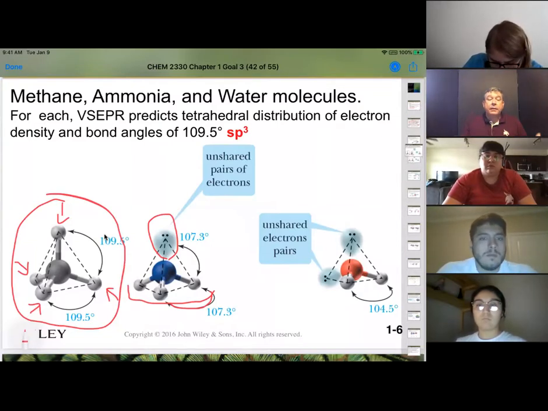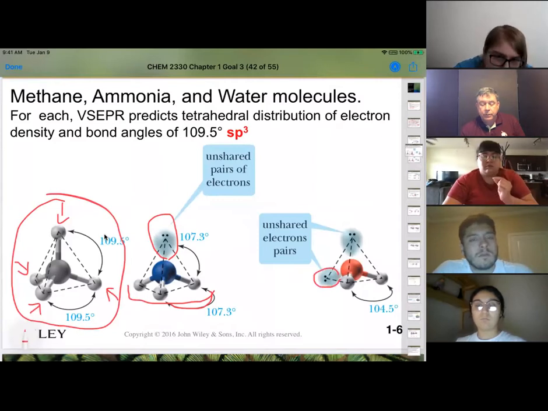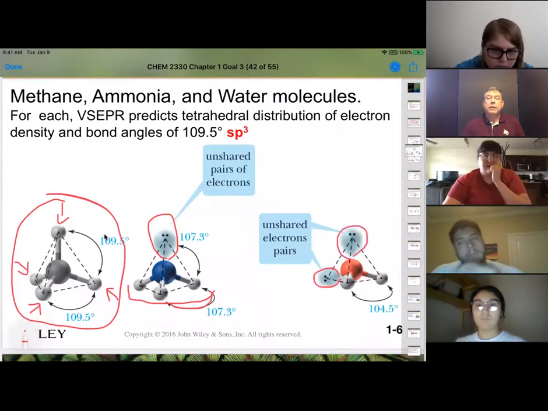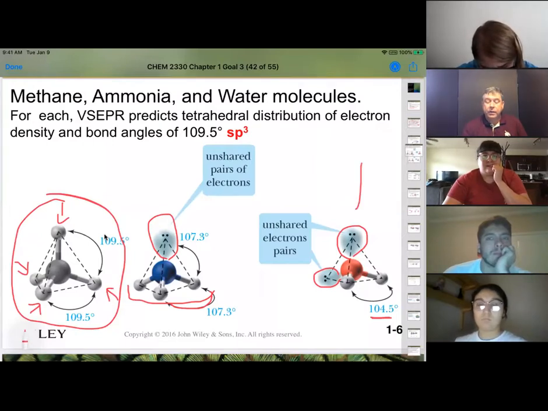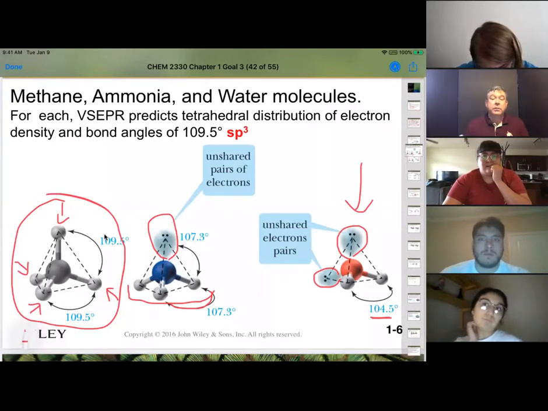And again, if we have 2 of these big unshared electrons, that's going to force it even more, a little bit shorter, to 104. But again, look, the electronic structure is still tetrahedral. The molecular structure has changed based on where those electrons are.